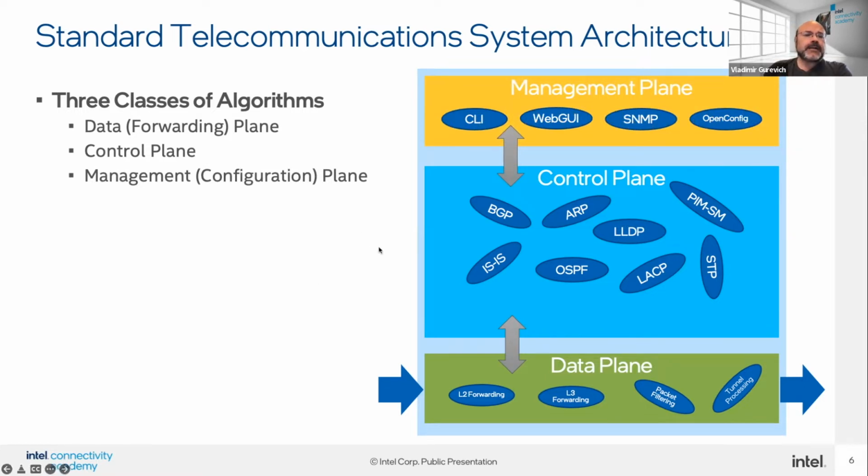And while these two top layers are typically programmed using standard programming languages and executed on regular CPUs, it is the data plane which is really problematic. And as I said, unfortunately, it is the key to the whole system performance. If you cannot get things done in the data plane, they will be done very, very slowly, because modern CPUs are no match to the speeds of our modern networking interfaces.